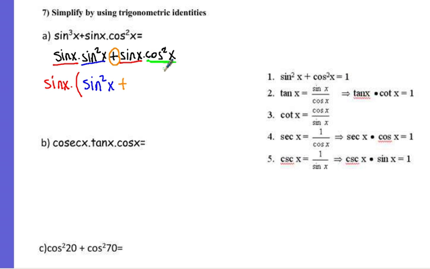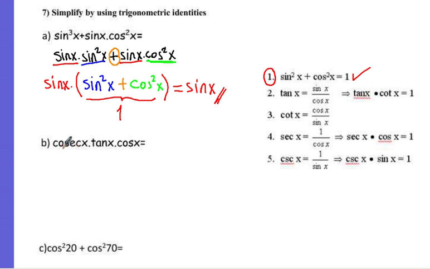From the second term comes cosine square x. So we have the formula here: sine square x plus cosine square x is equal to 1. It means this sum is equal to 1. So sine x times 1 is equal to sine x. Okay, this is A1. Now what about B?